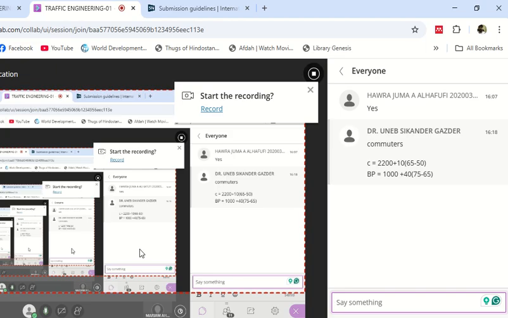Now you can see that I'm not using adjustment factors here, although it's a freeway. I'm not using adjustment factors because we haven't studied them. So once we study, we will know when we actually need to use them.